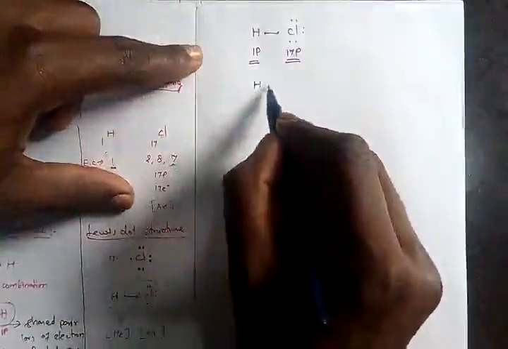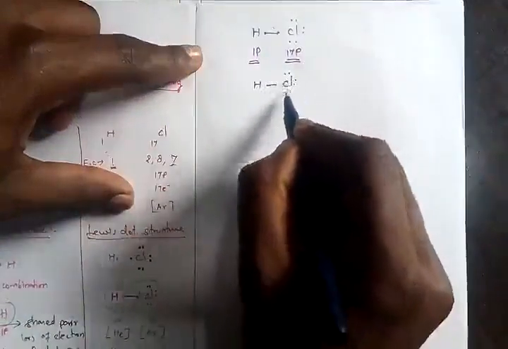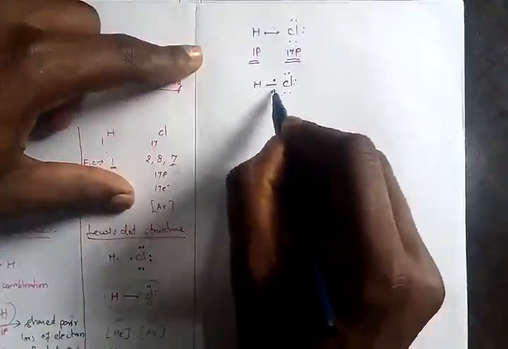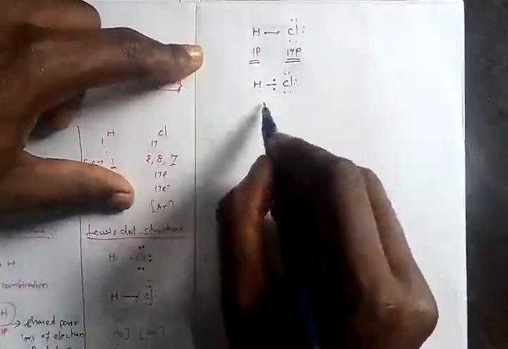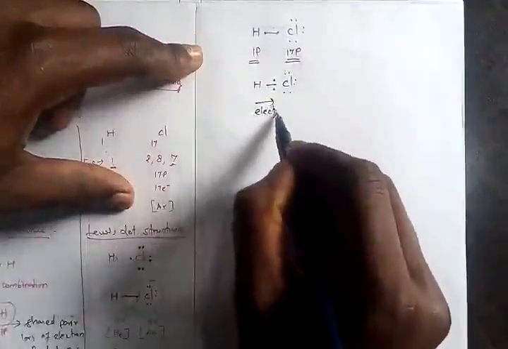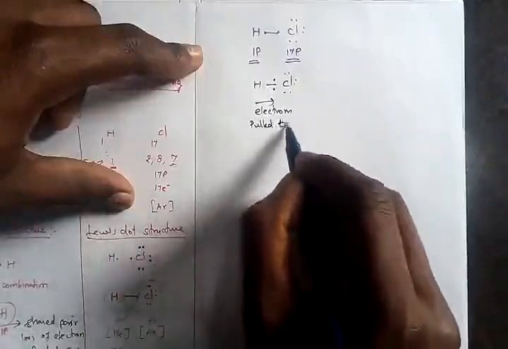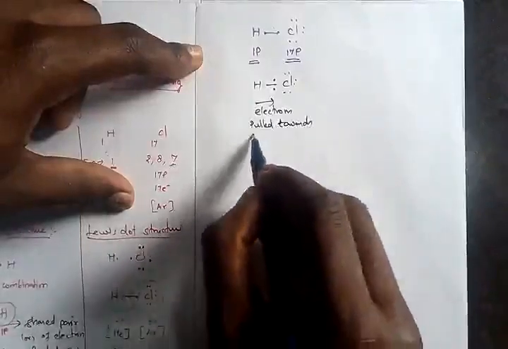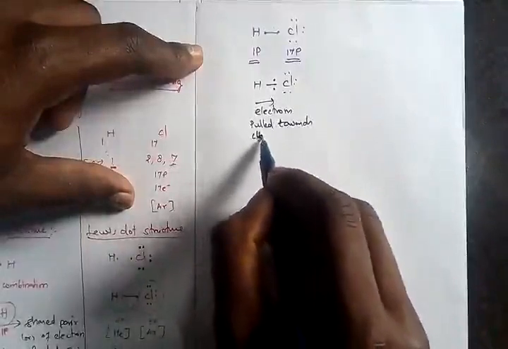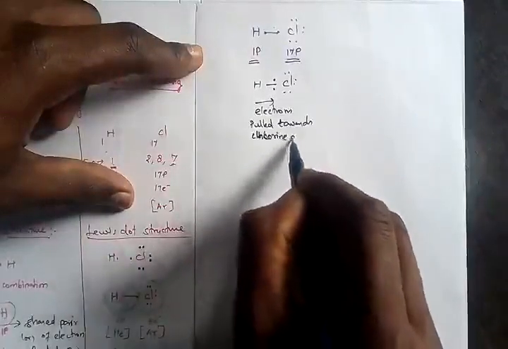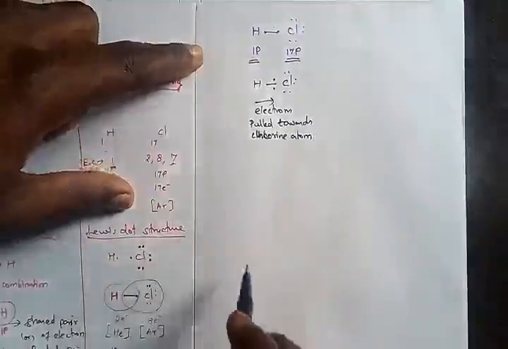So when you look at the bond, the electrons are pulled towards the chlorine atom.